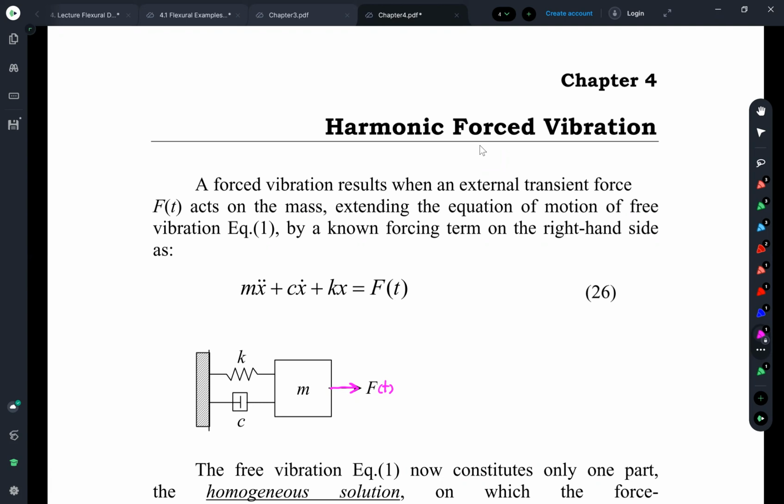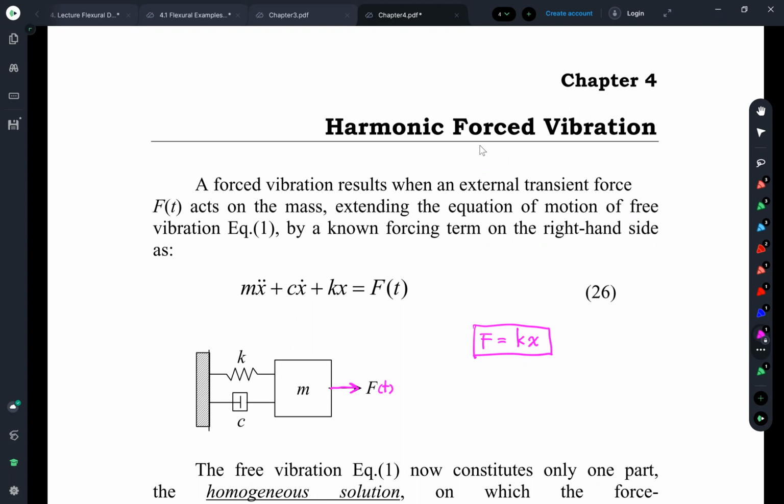If you have a static force, remember, the response becomes something like this: F equal to K multiplied by X. This is in static equilibrium.